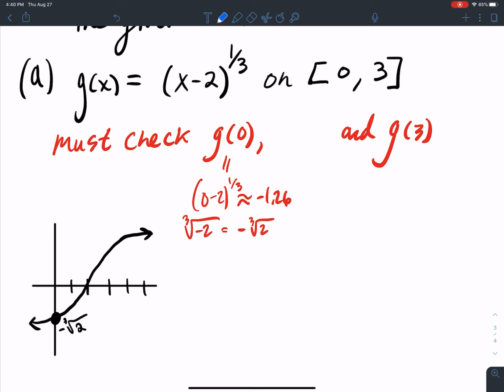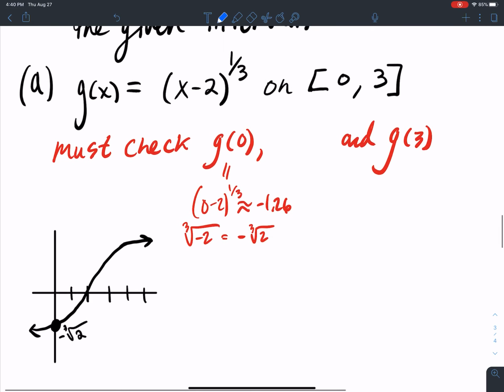Now, the other endpoint is 3. So I'm going to plug 3 in here. So I have 3 minus 2 gets me 1. The cube root of 1 is just 1. So when I plug in 3, I output a 1 here. Remember, it's only on this interval from 0 to 3, right?